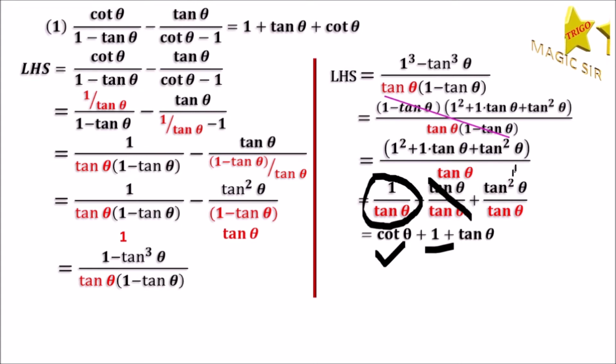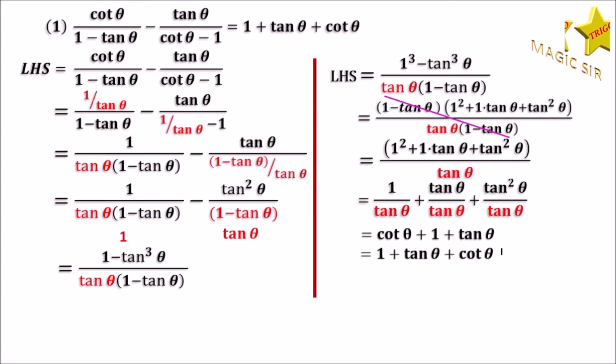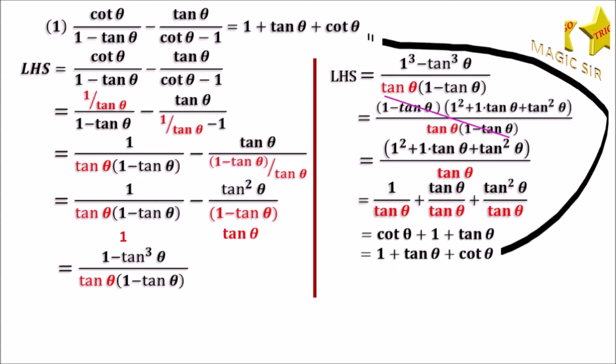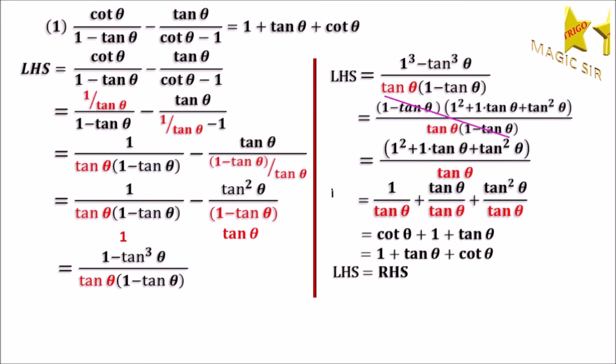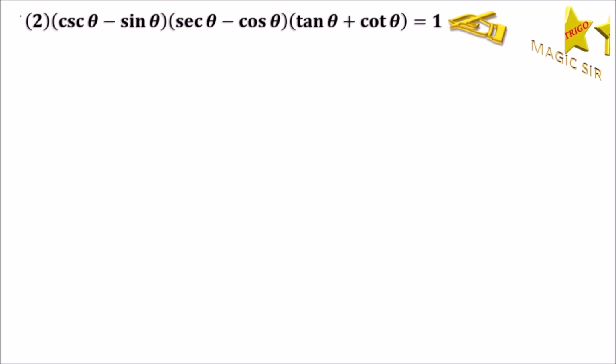Tan theta upon tan theta is equal to 1 and tan square theta upon tan theta is equal to tan theta. So our LHS is equal to 1 plus tan theta plus cot theta. Comparing with RHS of the equation, we can say that right hand side and the left hand side are the same. In the second example, the left hand side is more complicated.